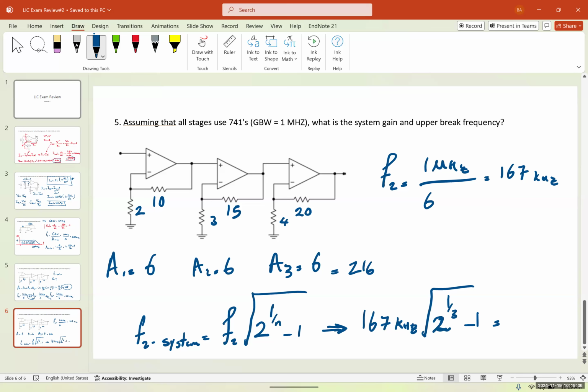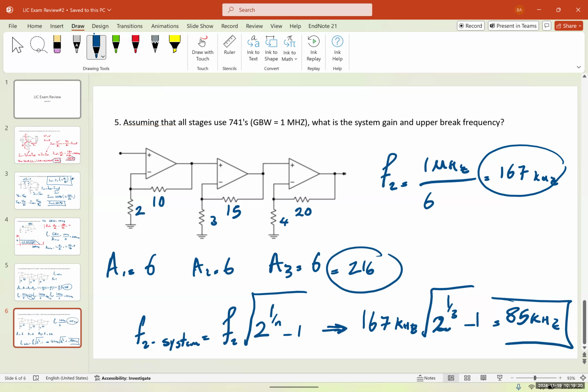And what was the result for this? What did you get? You haven't calculated this? 85. 85, thank you. So the upper cutoff frequency is 85 kilohertz. And the total gain is 216. So this and this.